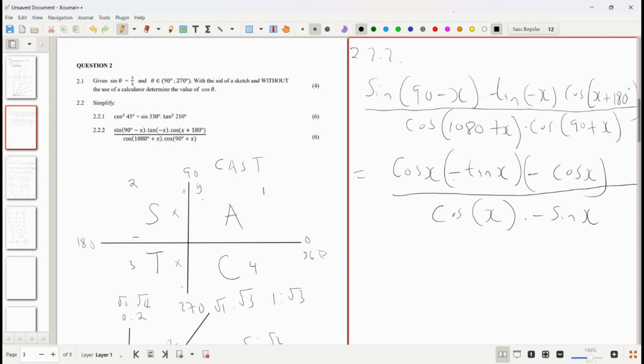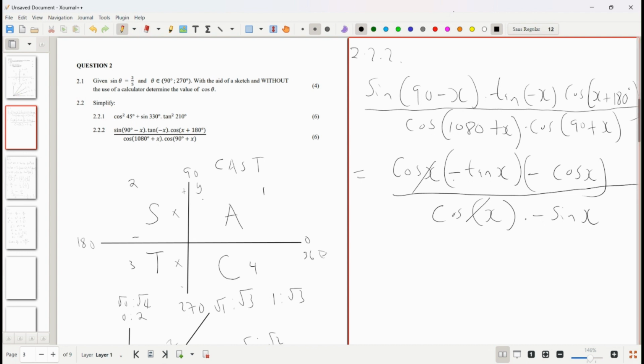So what do you do next? We can simplify this, okay? We can see there is cos here and cos here. We can easily cancel that. We are left with tan x, right?